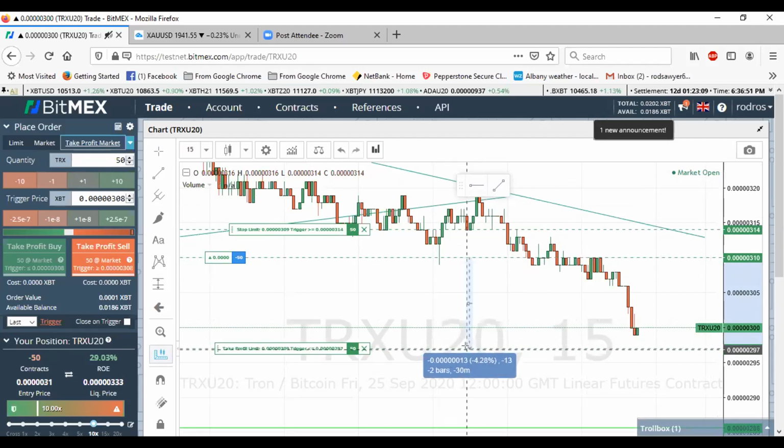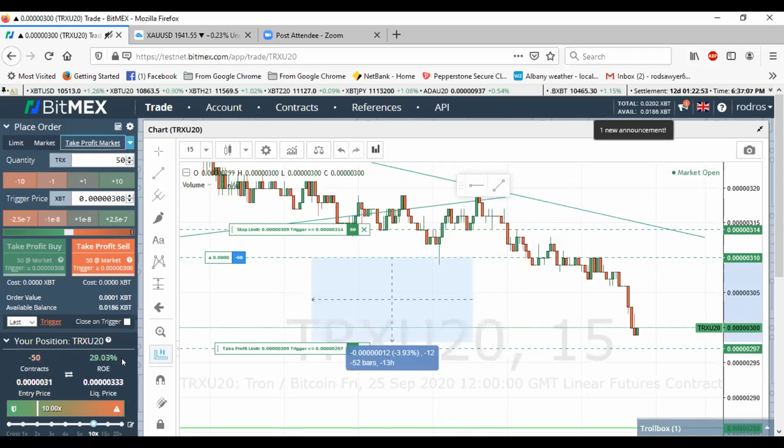See, so that'll be a 4.28% profit multiplied by 10 times leverage. So if you hit that, it'll be a 42% profit. At the moment it's 3.37, so 33% profit. Well, it says 30, but I guess there's fees involved.